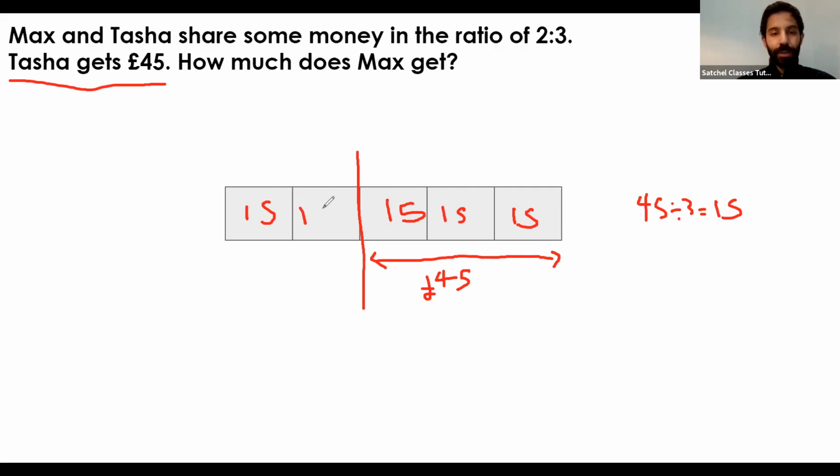So Max would have received 2 parts, and 2 parts is equal to £30. So Max's share will be 30. So Max received £30. Just be aware of the way the question is worded, and then try and break it up as you would using the bar models.